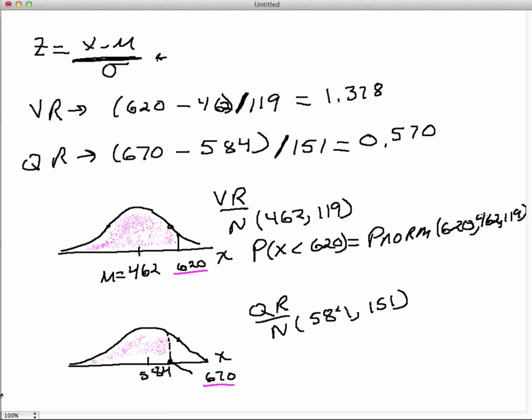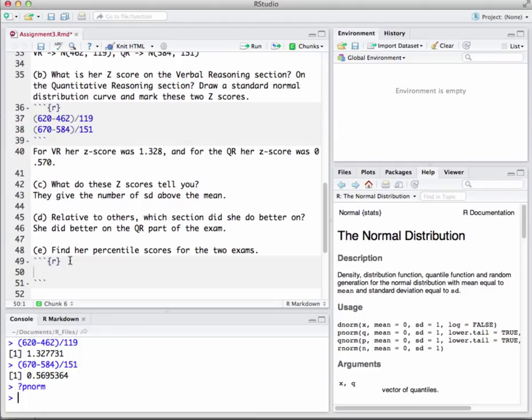So let's go back over to our studio. And so for the verbal reasoning, we're going to put in p-norm. Oops, get myself in the right spot here. On the console, I want to be up in the actual R chunk. So put in p-norm, and then let's see, my cutoff score.